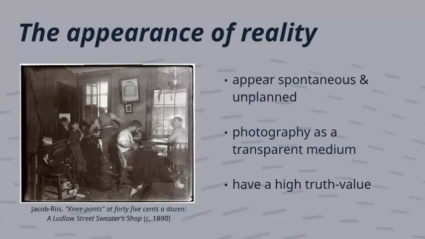We also have evidence of movement, so a couple of the figures are blurred because the photograph was taken while they were in motion, and as a result they aren't clearly depicted.